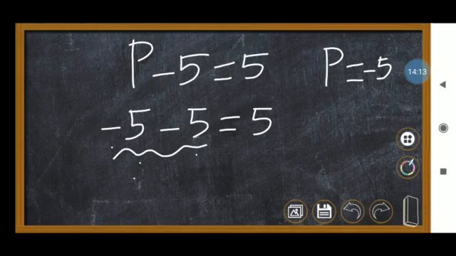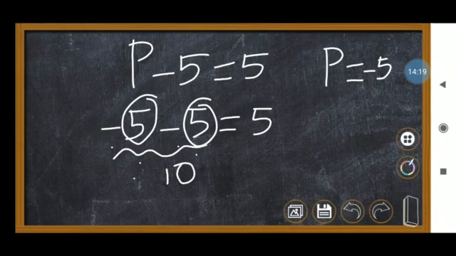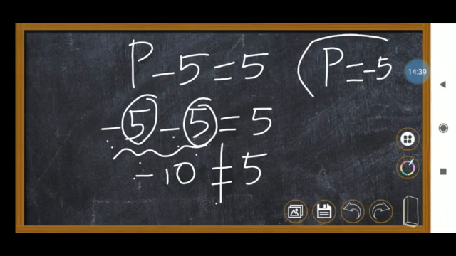Here minus 5, here also minus 5, so first we add 5 plus 5. What's the number? 10. And the symbol is minus, here also minus, so one minus we have to put. Always remember, if same symbols are present, we have to add. So minus 10, and 5. So minus 10 will not be equal to 5. So for P equal to minus 5, this equation will not satisfy.